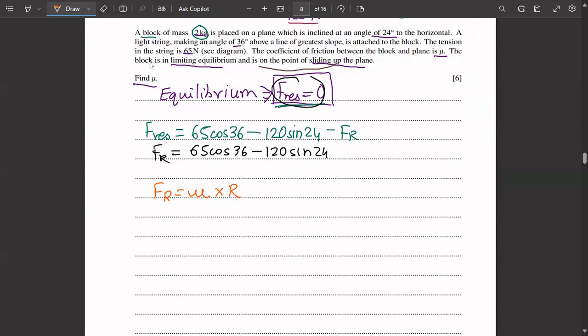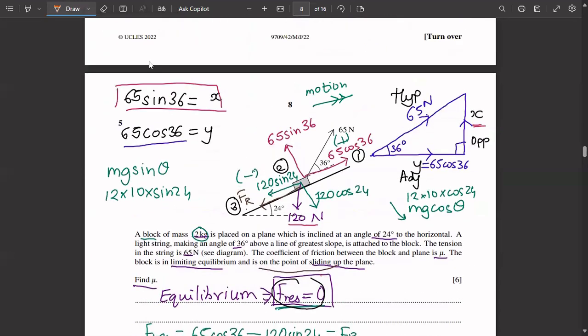And what is this R? This R is the contact force. So now the contact force R plus 65 sin 36 will equal 120 cos 24, because all of these are in the same direction. Two forces are upwards like this, the other force is downwards. So everything will equal. Why?